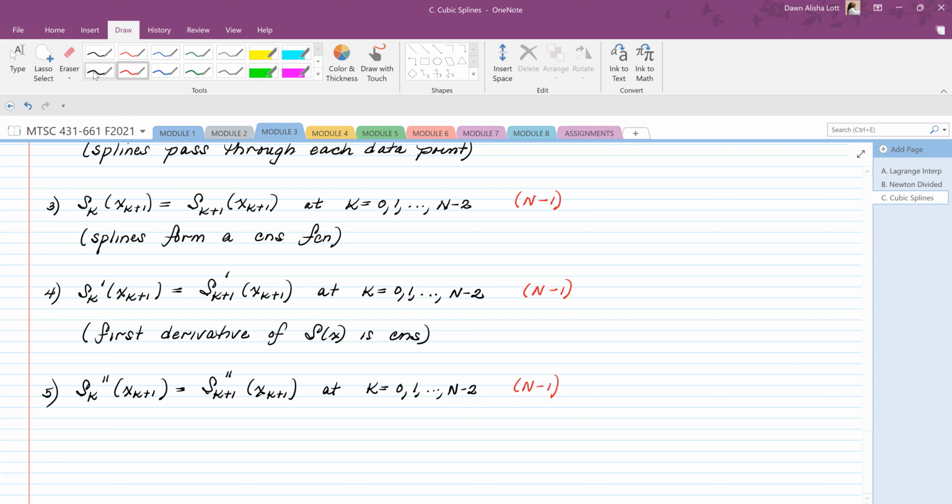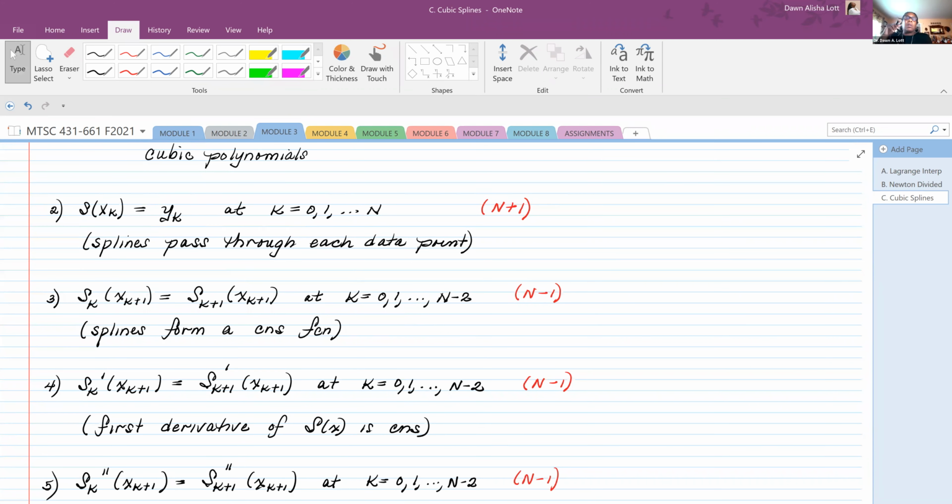Question: the first condition and the second, is it for any kind of function? Must it be continuous? Like you specified on third and fourth, that is continuous function. So we are creating a cubic polynomial going from one point to the next point. A different one from x0 to x1 is going to be a cubic equation. From x1 to x2 is going to be a cubic equation. From x2 to x3.